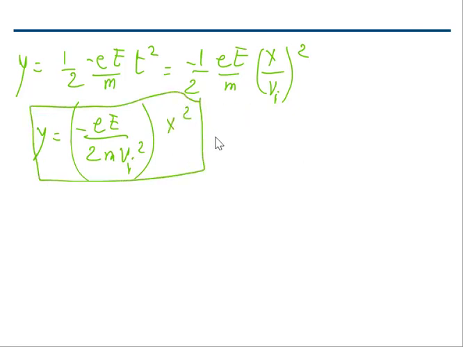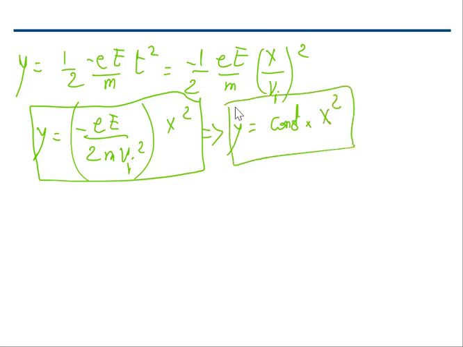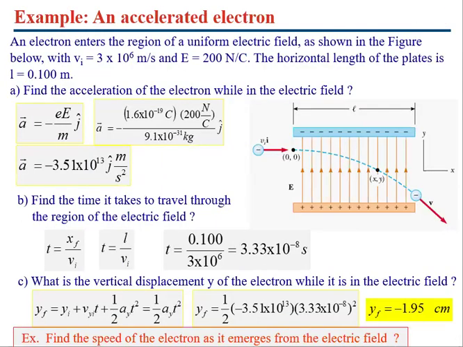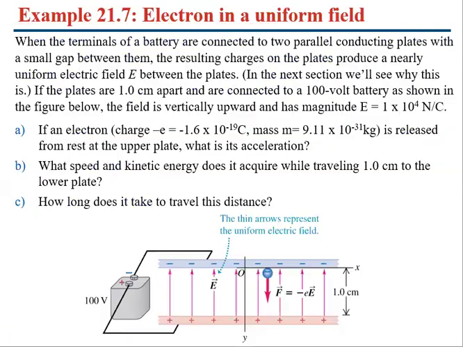This is the equation, which can be written in the form of a constant multiplied by x squared, which is the equation of a parabola. Okay, so the trajectory of our particle is a parabola, and we are done with this example. Hence, the trajectory is a parabola. We take this example, and we will be done with this lecture also.